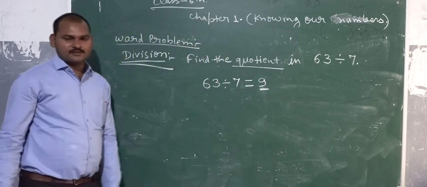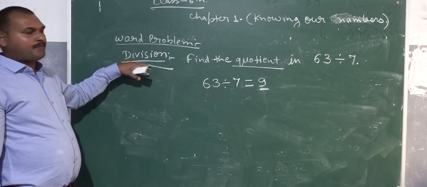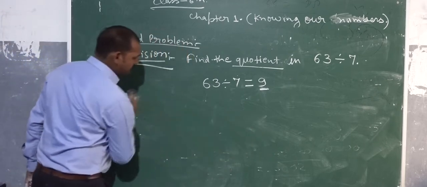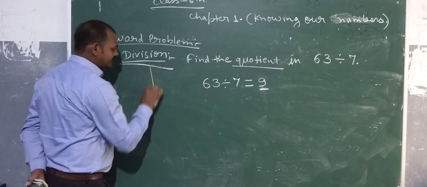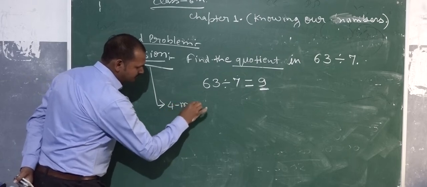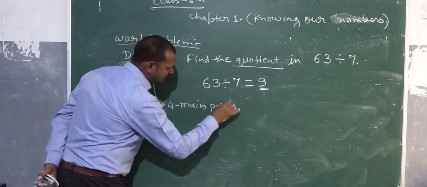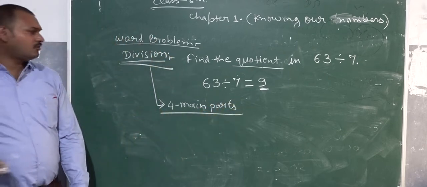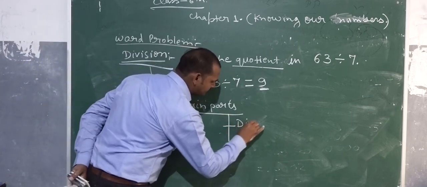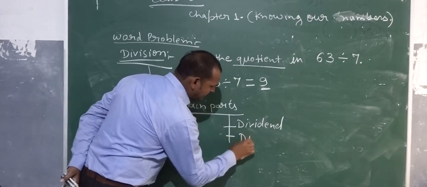The quotient is 9. Here one more thing, we discuss what are the main parts of division. Division has four main parts. How many parts? Four main parts. What are these parts? You know, if you don't know, see here. Dividend. The second one, divisor.